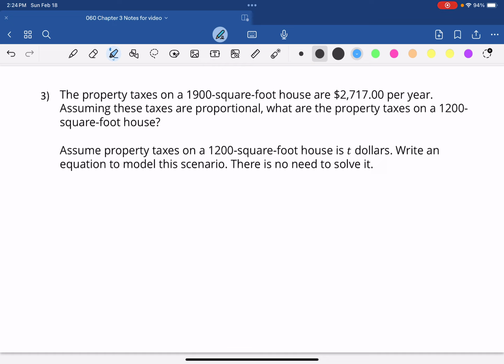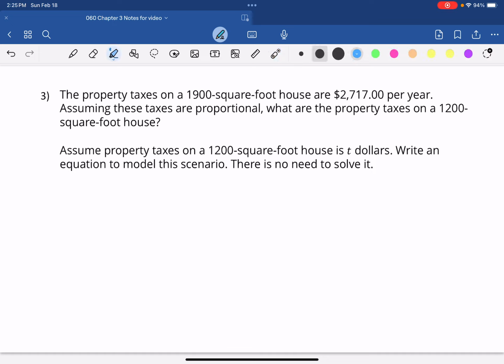And then there's some additional information down here. It says assume property taxes on a 12,000 square foot house is $T. Write an equation to model this scenario. And it says there's no need to solve it, but we're going to go ahead and solve it.